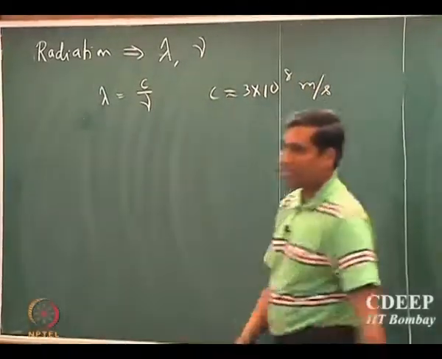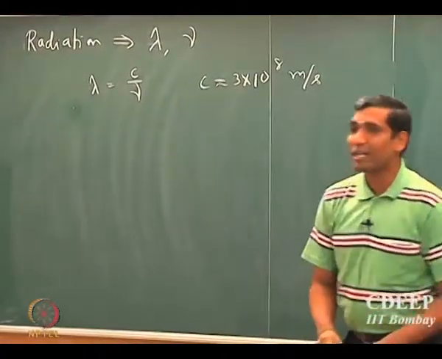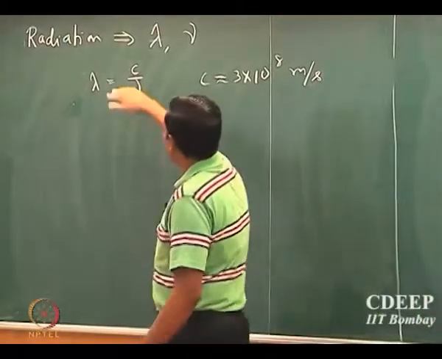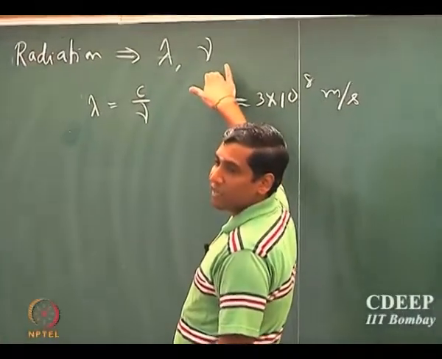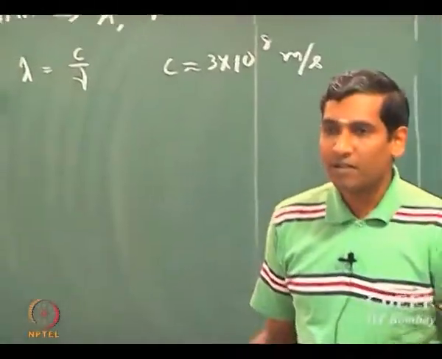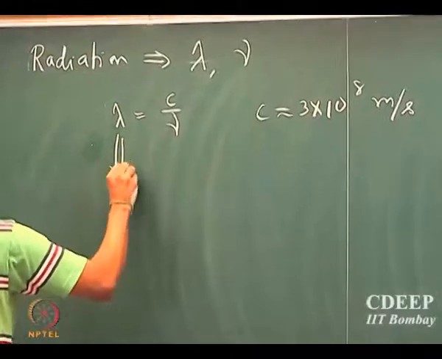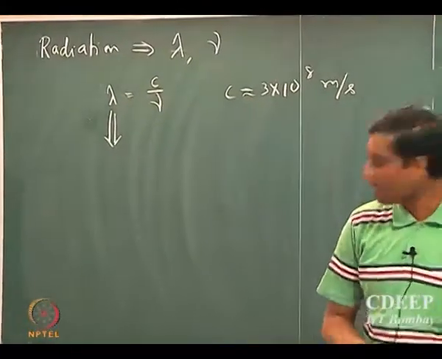It's 2.998 something, so approximately 3 times 10 to the power 8 meters per second. So any radiation is always associated with a wavelength and its frequency. If we know the wavelength, we know what the frequency is going to be. Therefore we are going to talk a lot about the wavelength of the emission.